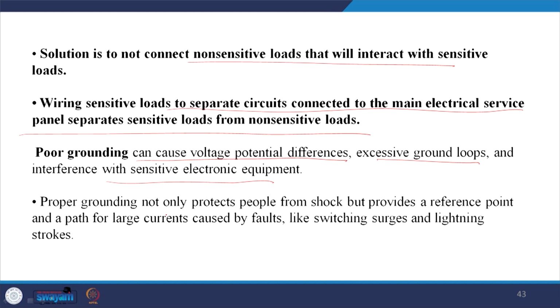I have noticed in a hall, because of poor grounding, the acoustics is poor. So, proper grounding not only protects people from shock, but provides a reference point and a path for the large current caused by a fault, like switching surges and electric lightning strokes, etc.